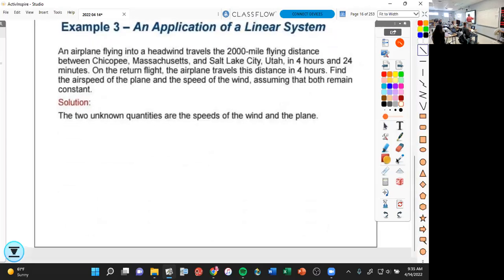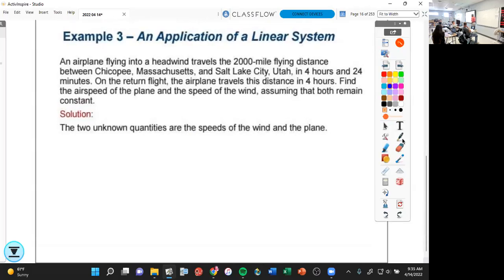All right, so we have a situation. I'm going to leave it like it is. An airplane flying into a headwind is flying from Massachusetts to Utah. It takes 4 hours, 24 minutes to cover that 2,000-mile flight. The plane can fly back from Utah to Massachusetts, and it only takes 4 hours.